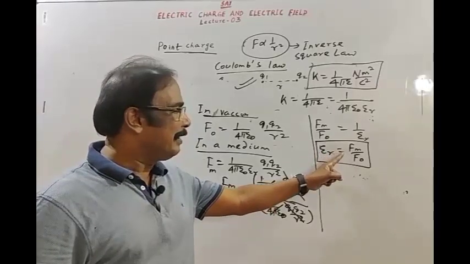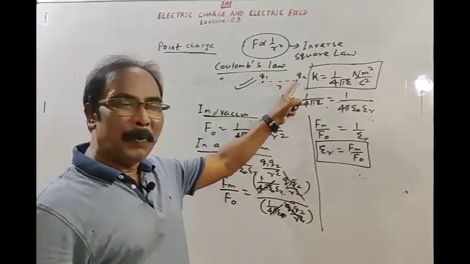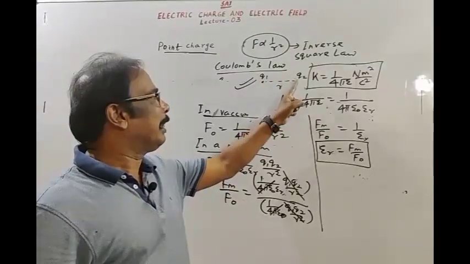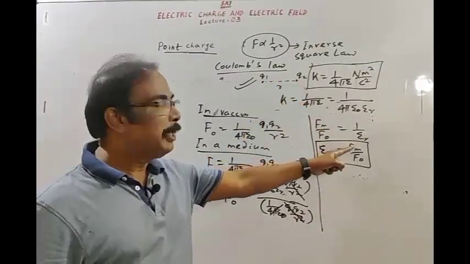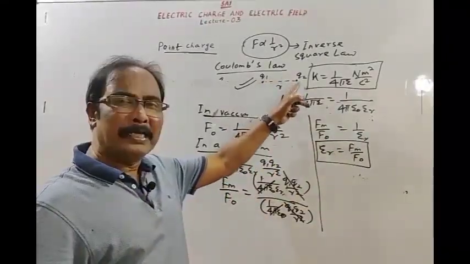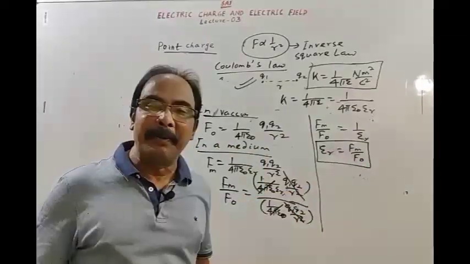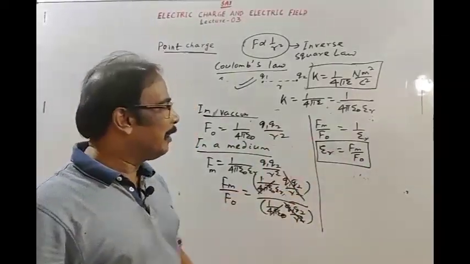Relative permittivity is defined as the ratio of force between 2 point charges separated at a given distance in a medium to force between the same 2 point charges separated by the same distance in vacuum. Okay, this is epsilon R.